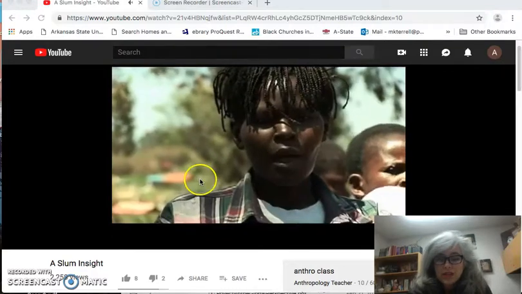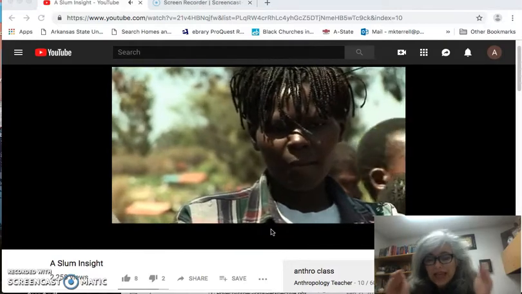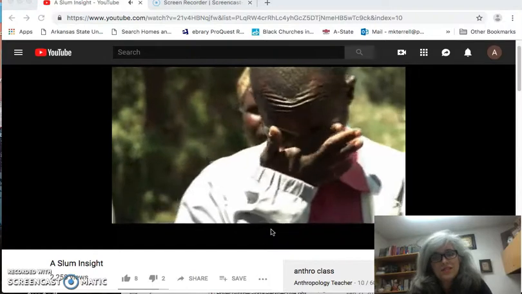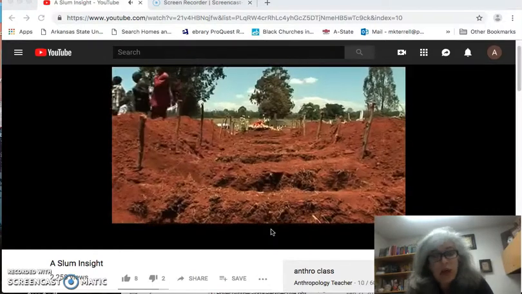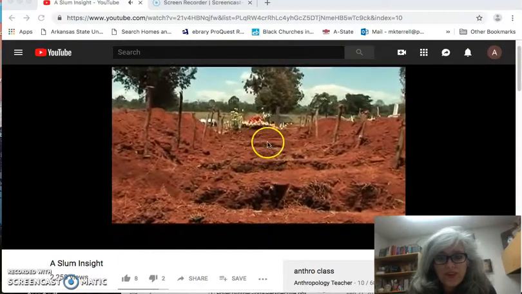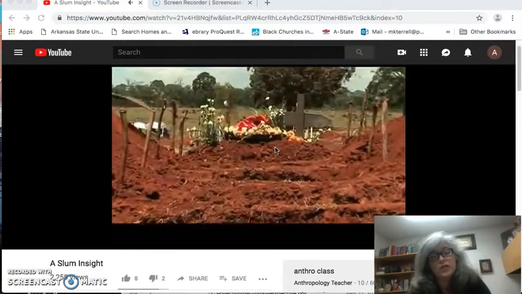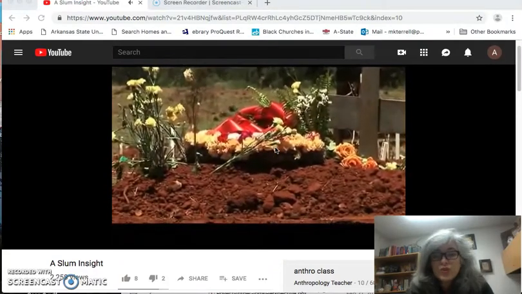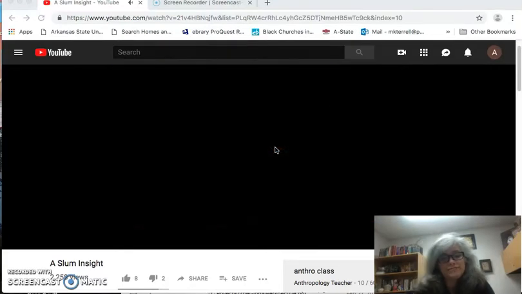And I want you to notice how many little tiny graves are pre-dug in this cemetery because the babies are coming. Look, 1, 2, 3, 4, 5, 6 more in addition to the one where his baby was buried. You don't dig just one, you dig a whole bunch because they're coming because of absolute poverty conditions.